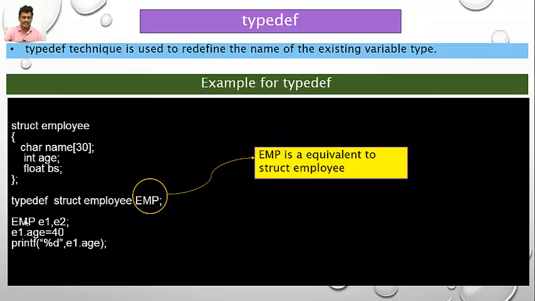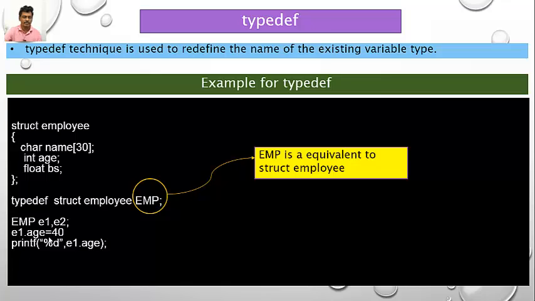We discuss macros in detail in a separate chapter. EMP is an equivalent name for struct employee. By using typedef, we can give a meaningful or short name to a long declaration. So EMP E1, E2 is equivalent to struct employee E1, E2.